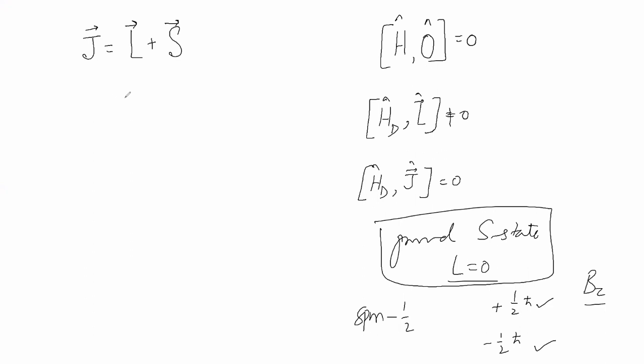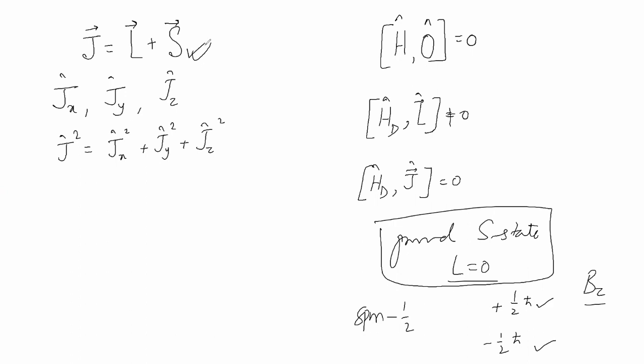Now, J is L plus S. Therefore, if you have orbital angular momentum and spin angular momentum, then you have the total angular momentum. And this J has components Jx, Jy, Jz, and J square is Jx square plus Jy square plus Jz square. The important point is that spin S is purely a quantum mechanical phenomenon.